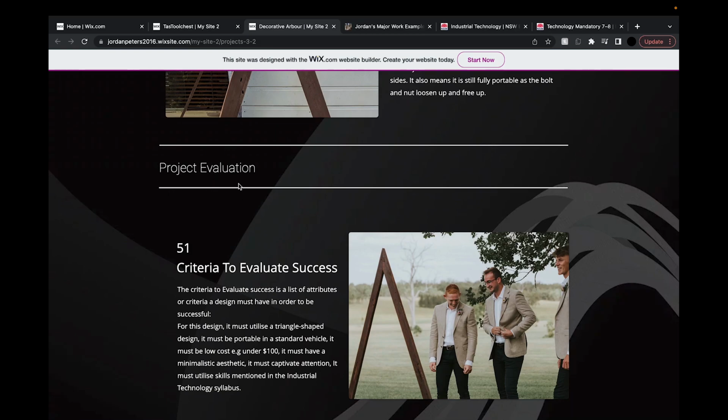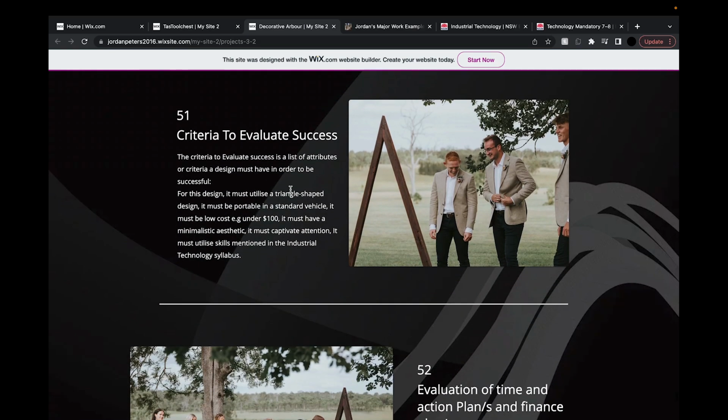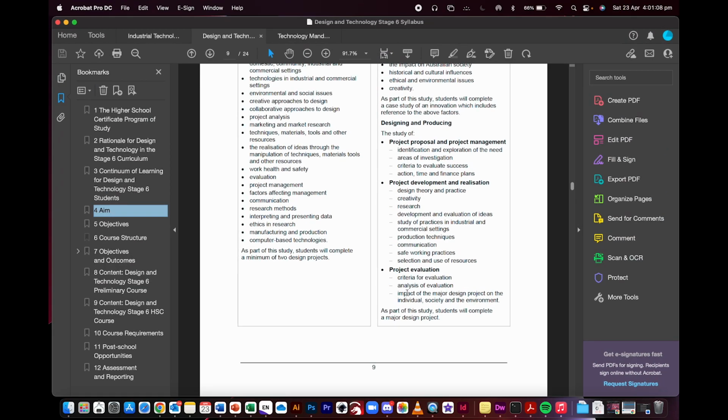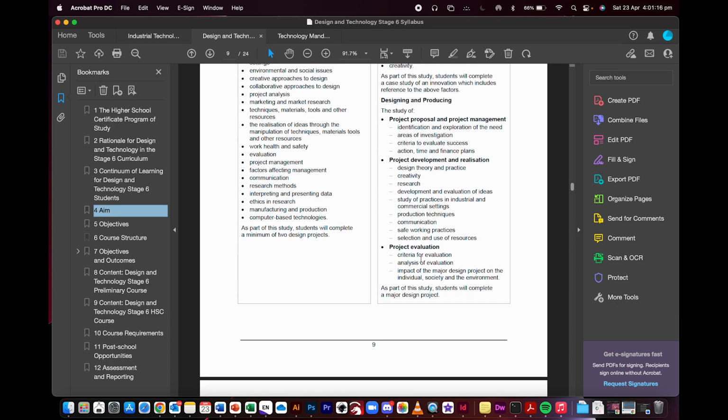And then we move on finally to project evaluation. So we reflect on the criteria to evaluate success, look whether we met it or not, which is common in all syllabi with a folio. Criteria for evaluation, which are related back to the criteria for success.